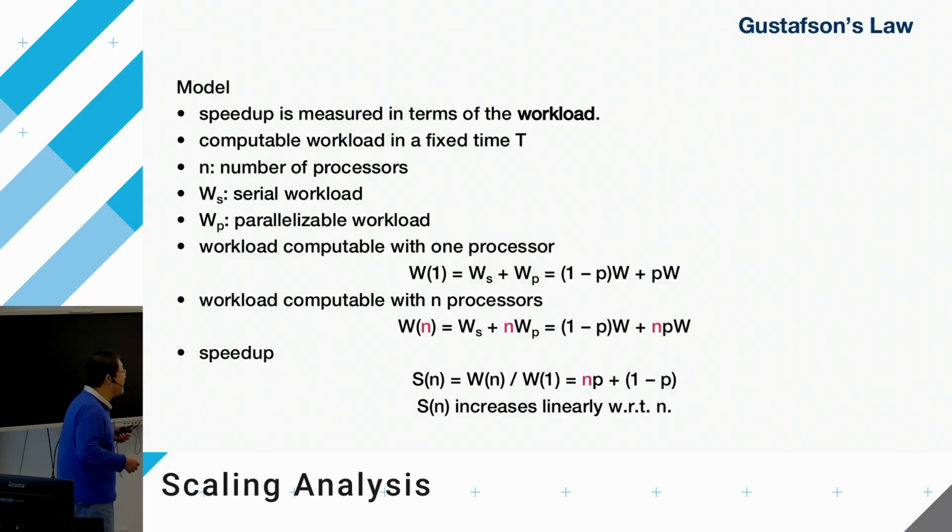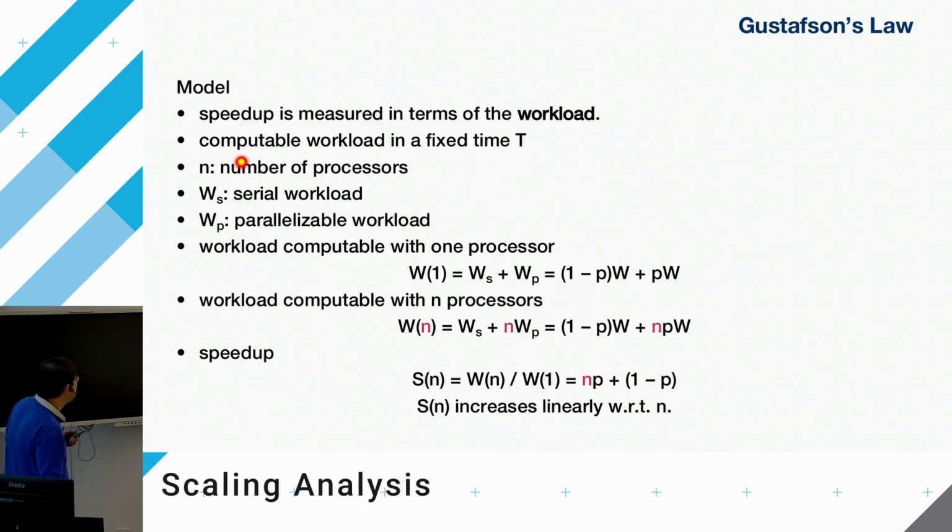And then for Gustafson's law, a key is here. The speed up is now measured by means of the workload, right? And within a fixed runtime, we can increase the workload. And the workload is, let's say, proportional to the number of the processors or the number of the CPUs.